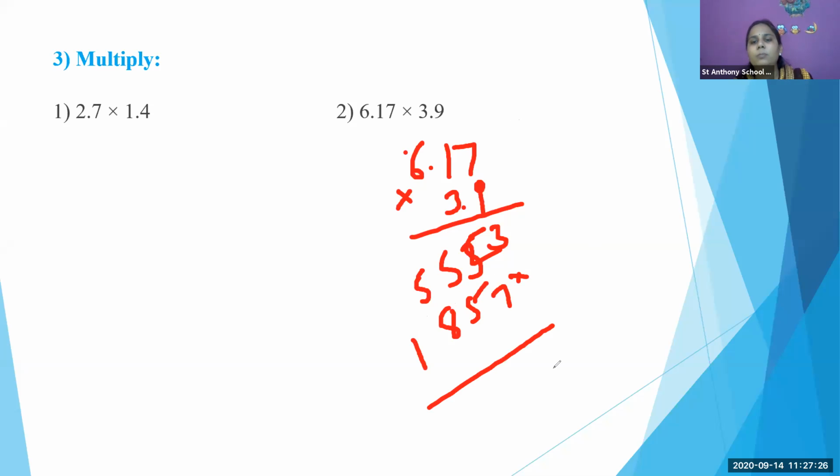Now 3 plus 0, 3. Then is my answer correct or wrong? Am I going correct or wrong? Please tell me. Yes? Okay. Now 5 plus 7 is?